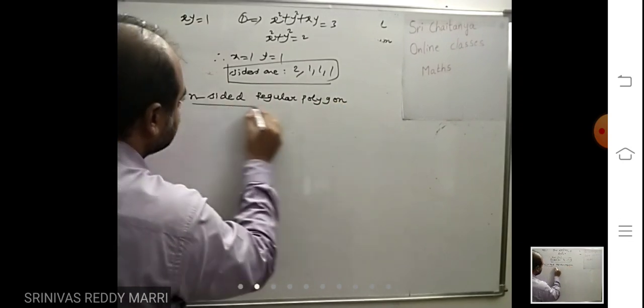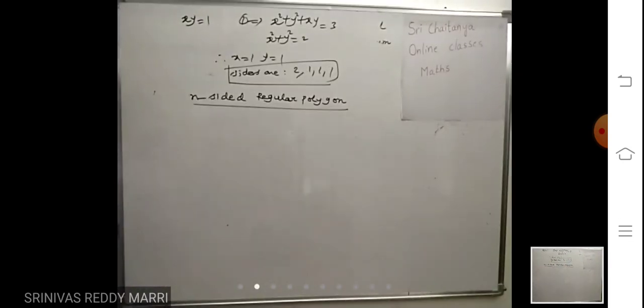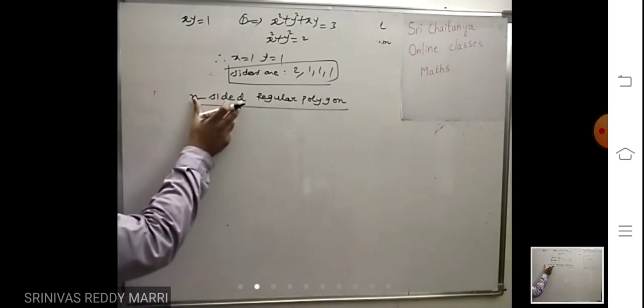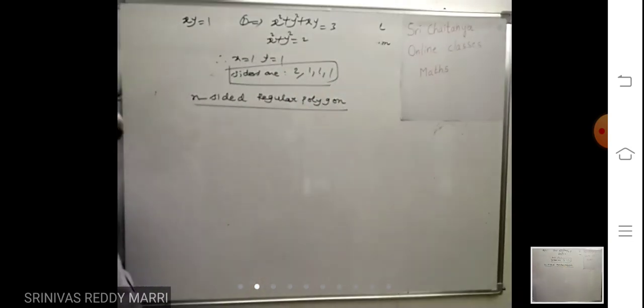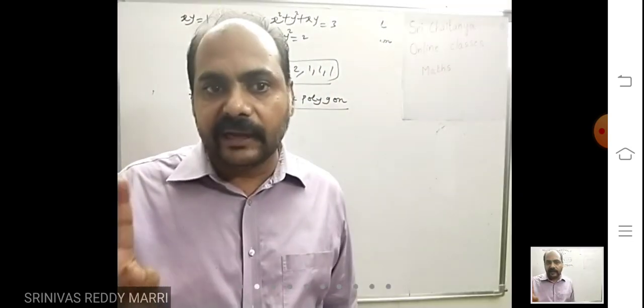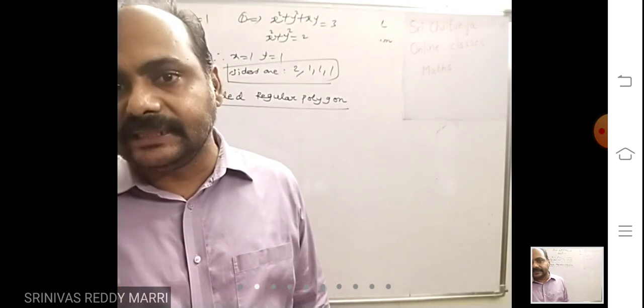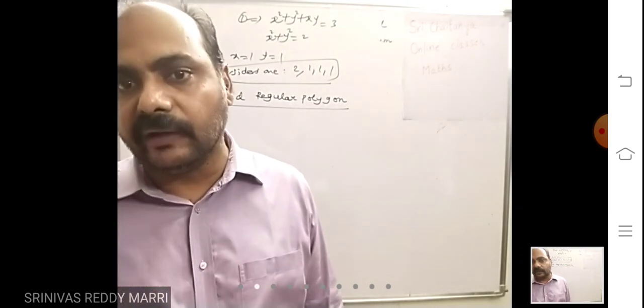N-sided regular polygon. What is meant by regular polygon? N-sided means n sides will be there. Regular polygon means all the sides and all the angles will be equal.